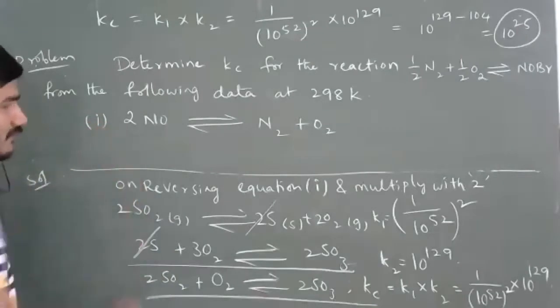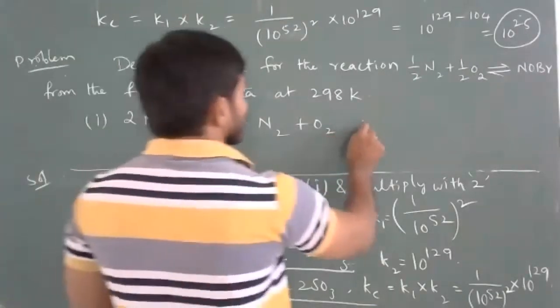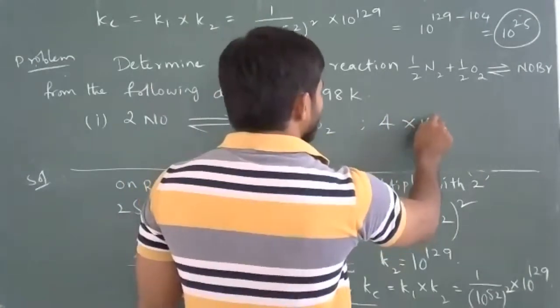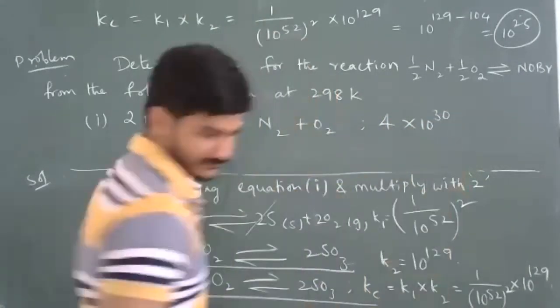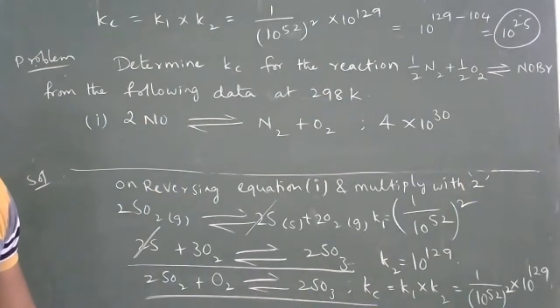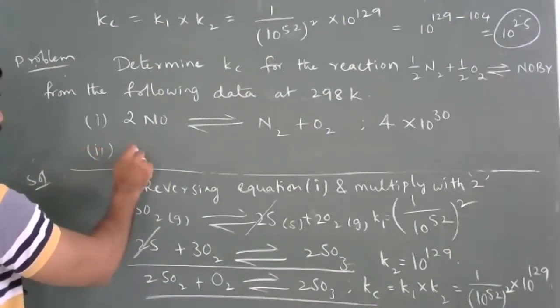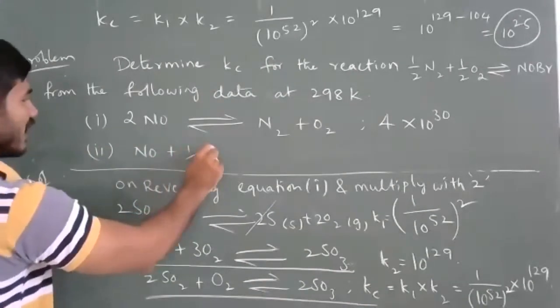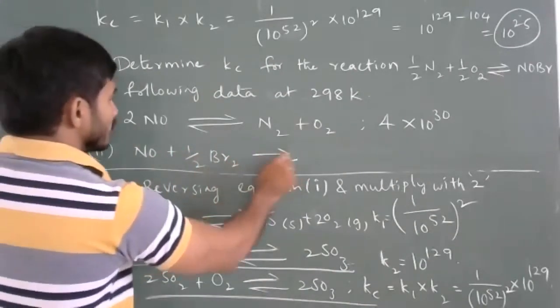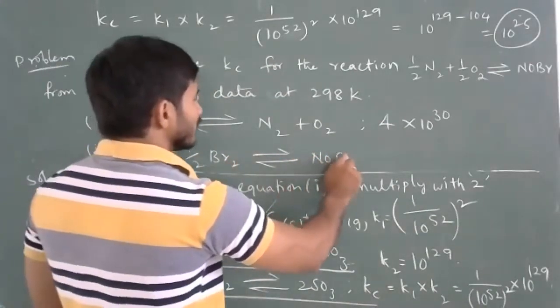That is equation number 1. For this, the equilibrium constant is 4 into 10 power 30. The second equation is NO plus half Br2 gives rise to NOBr.